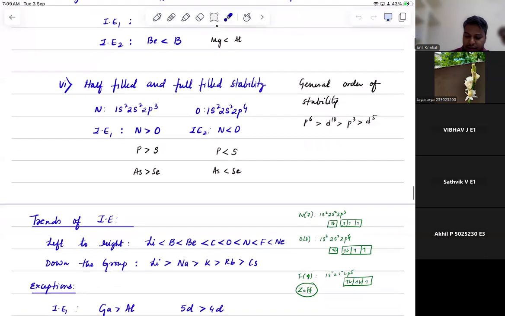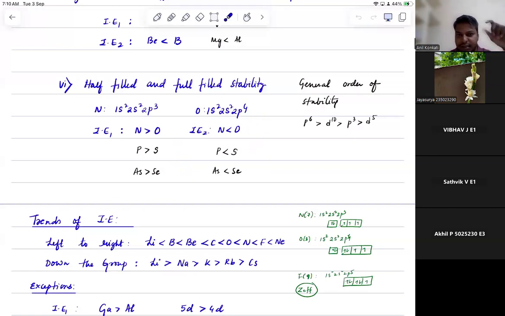Next, half-filled and full-filled stability. Nitrogen has a half-filled stability of 2p3. Oxygen has 2p4. For first ionization, you will notice that nitrogen is greater than oxygen, phosphorus is greater than sulfur, arsenic is greater than selenium. And the second ionization will be reverse.